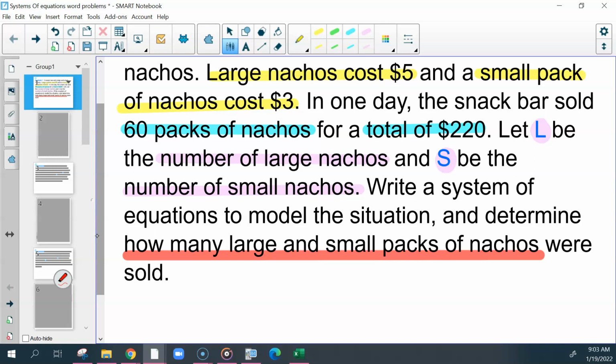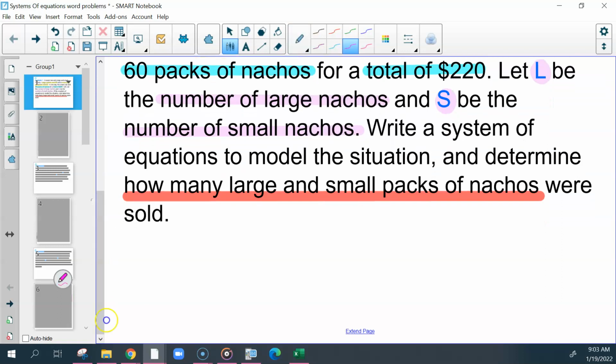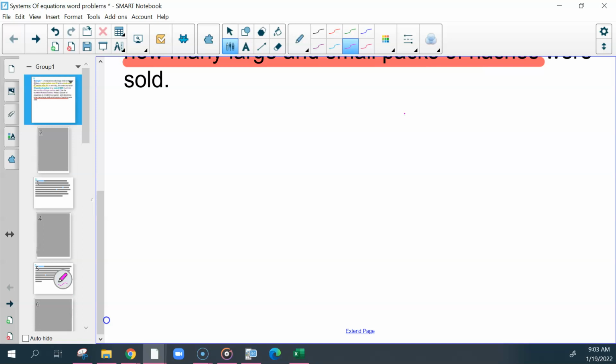Right. Now we have to put these together in an equation. Let's start off with something we know. We know our total is 220. That's the total price. So we can say one of our equations, this is still a system, so we still need two. One of our equations is going to equal 220.